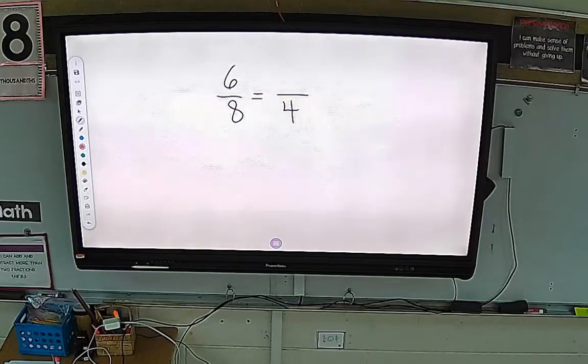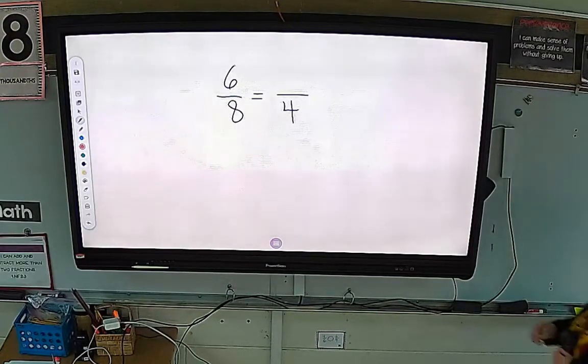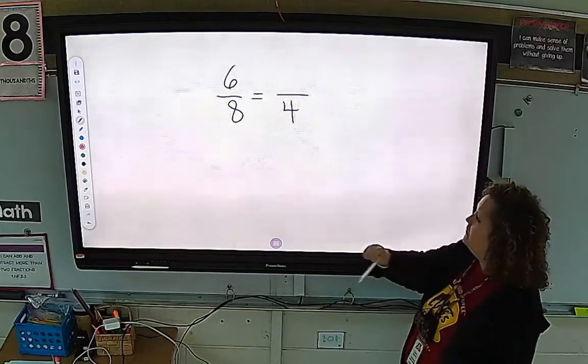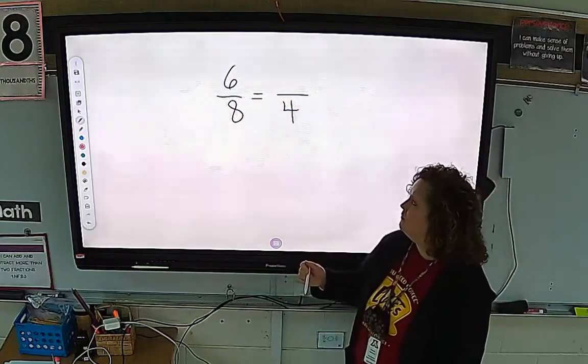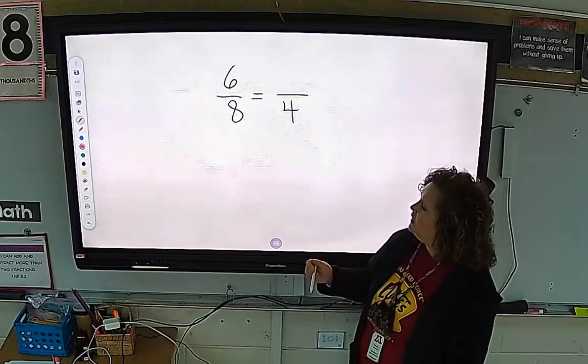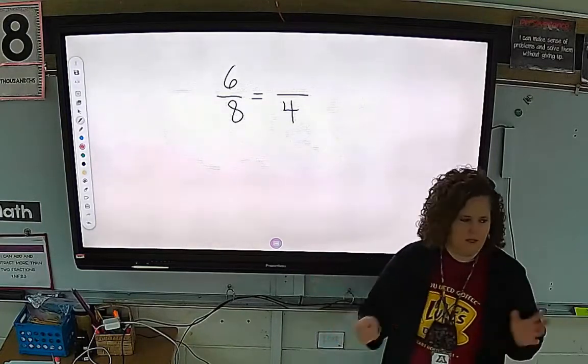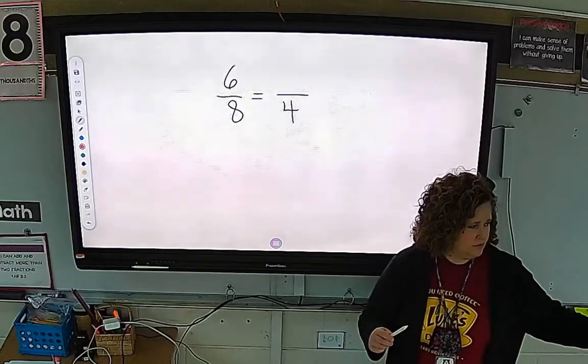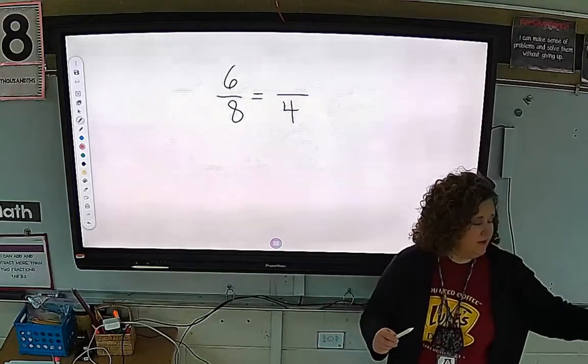What would you do? You would multiply the 4 by 2, and then you would see that 6 divided by 2 and get this, and 3 times 2, and then you would get 6, 8 if you multiply both of them. Okay. So I heard dividing and multiplying in there. You had your hand up. What did you do? Dividing and multiplying? You did dividing. Yeah.